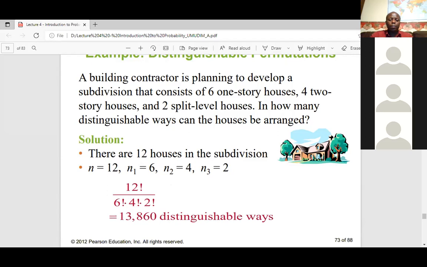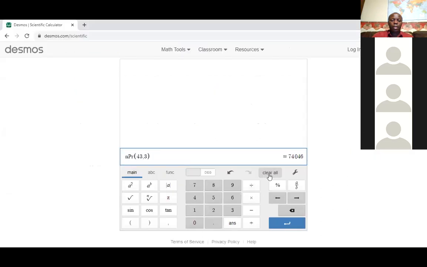Let me write it down, then we can plug it in. So we got 12 factorial over 6 factorial times 4 factorial times 2 factorial. Let's do it right away. You can see the answer here.